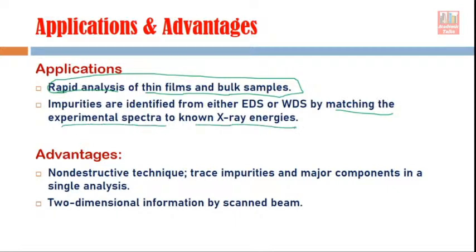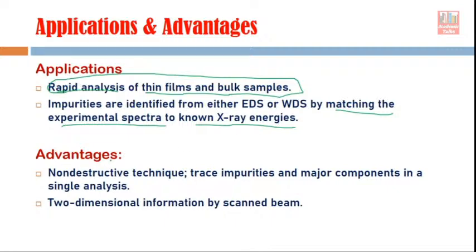In the beginning we have known X-ray energies from standard samples, in the form of a table. Then we characterize the unknown sample, get its spectrum, and compare its peaks with the peaks present in the standard X-ray data. That way we identify the type of element present in the sample.